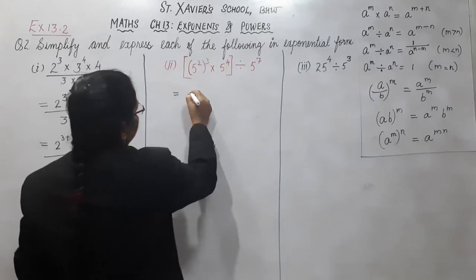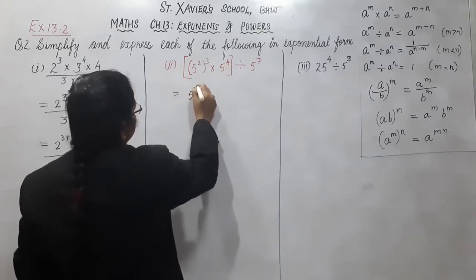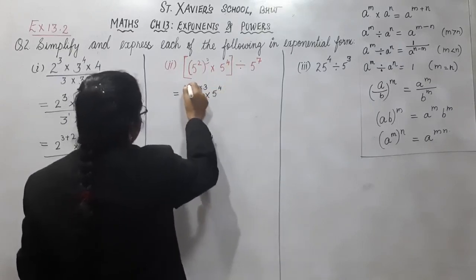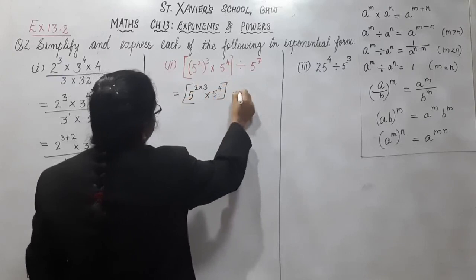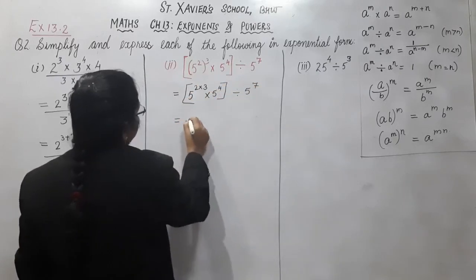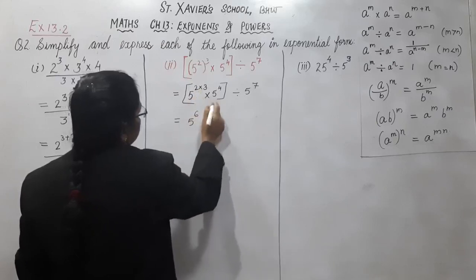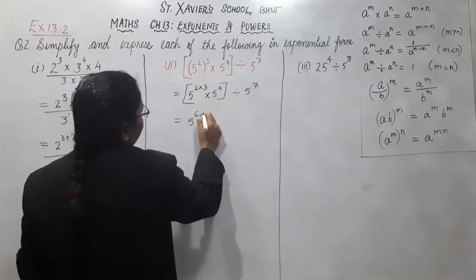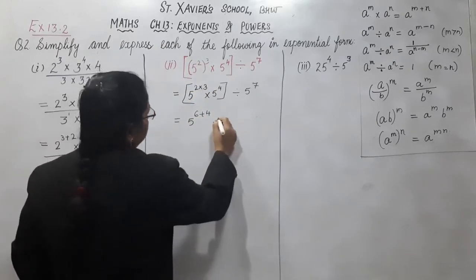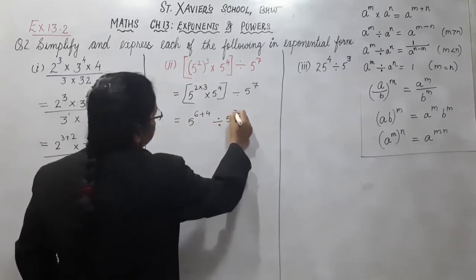So let us solve that. 5 raised to 2 into 3 into 5 raised to 4, that is in bracket, divided by 5 raised to 7 is equal to 5 raised to 2 3s are 6. And this is multiplication. So we have to add the power. Got it? Divided by 5 raised to 7.